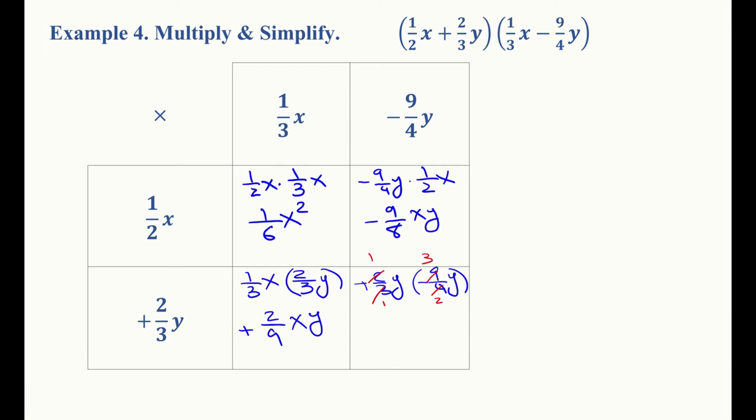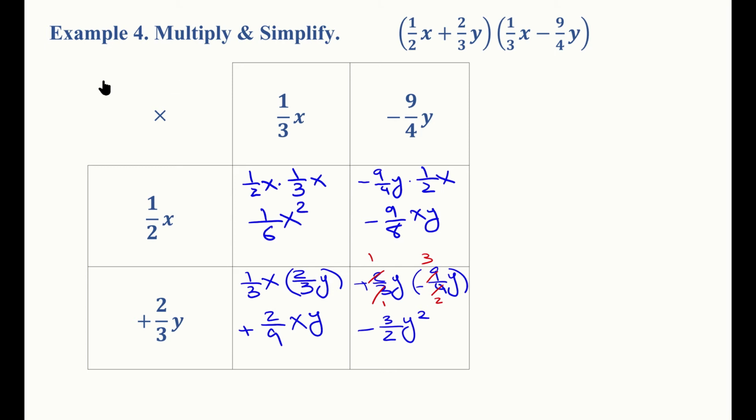Okay, so now we can see that positive times negative is going to give us overall a negative, and then 3/2 y squared.